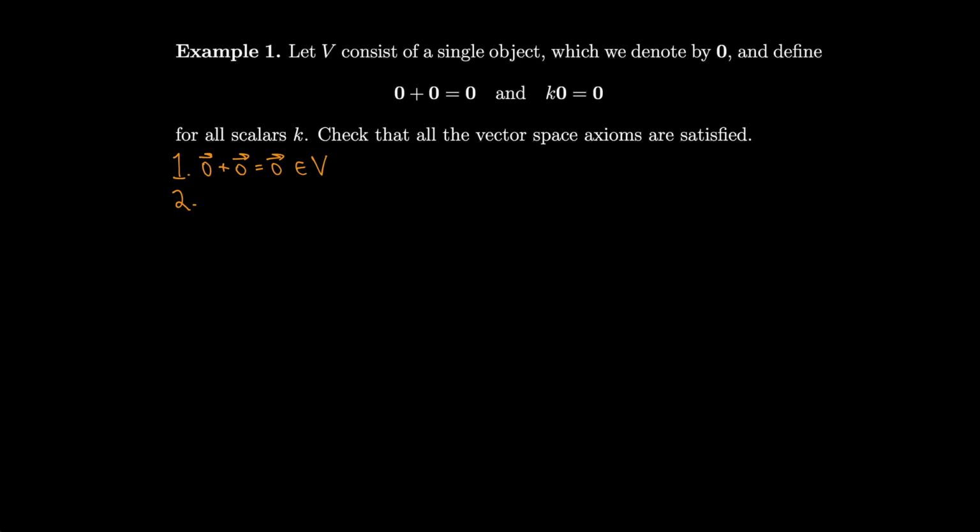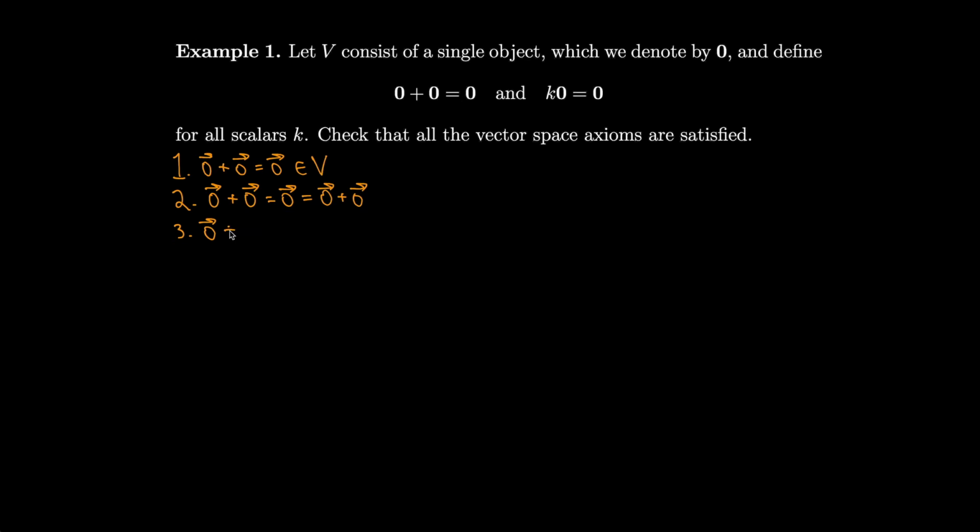The sum of any two vectors is indeed in V. Let's check commutative first. So 0 plus 0, well, that's equal to 0, which is the same thing as 0 plus 0. If I change the order, it doesn't really matter. So definitely commutative. Let's look at associative now.